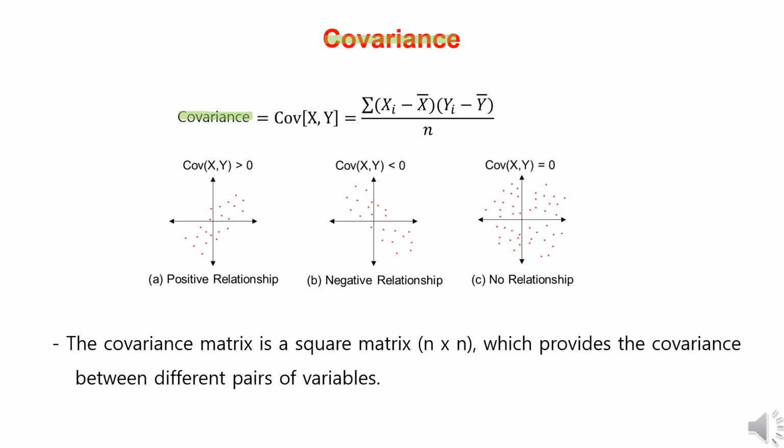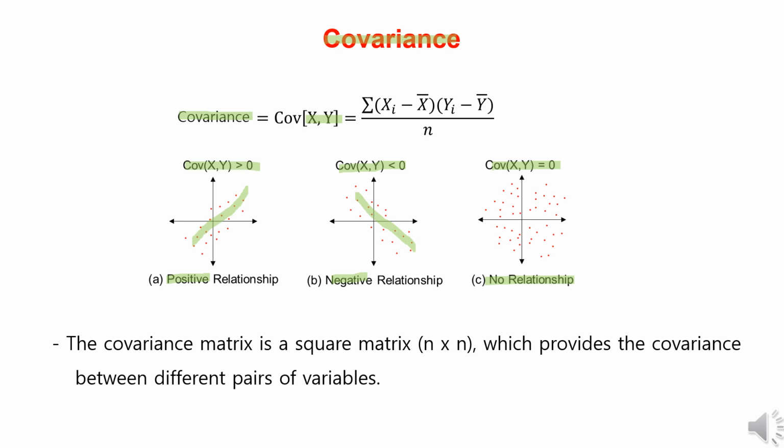For 2 variables, let's say x and y, the covariance helps us understand their linear relationship. If the covariance is greater than 0, it indicates a positive correlation between the 2 variables, and if it's less than 0, it indicates a negative correlation. On the other hand, if the covariance is 0, it means there is no linear relationship between the 2 variables.